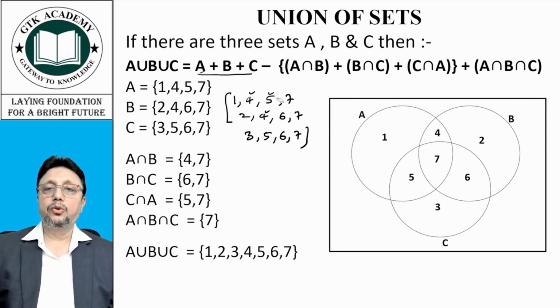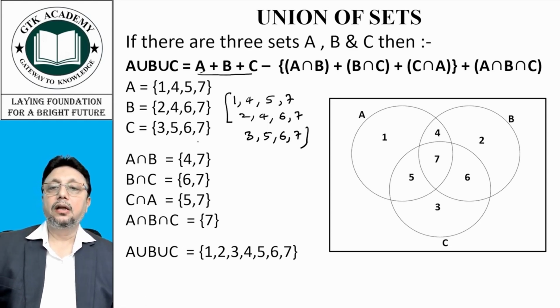So what we have to do is we have to subtract them. So how do we do that? Now, you have to subtract all these intersections. A intersection B is 4, 7. 4 and 7 gets cancelled. B intersection C is 6, 7. C intersection A is 5, 7.